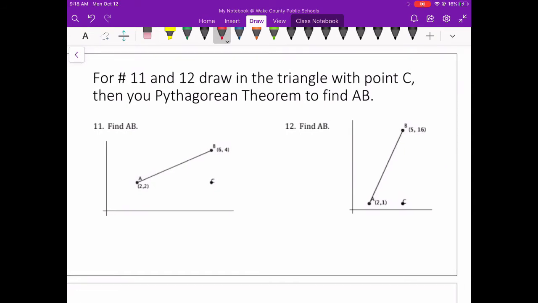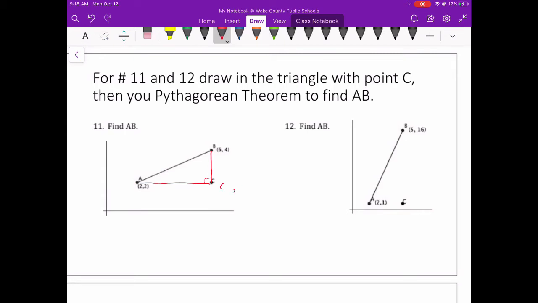Now notice that I'm giving you actual coordinates for A and B, and we're going to take the first example first. So if I go ahead and draw in and connect, and C is going to be where my right angle is, we're going to come up with the coordinates for that right now. All right, so notice that point A, (2, 2), is on the same horizontal line, so it should have the same y value, not x value, because it's on the side there.